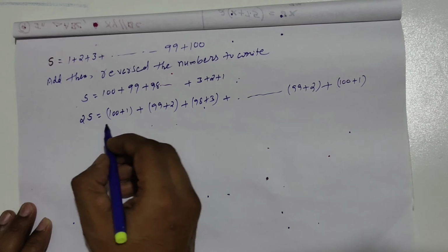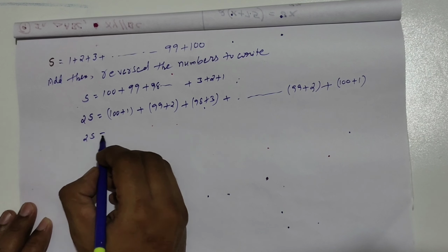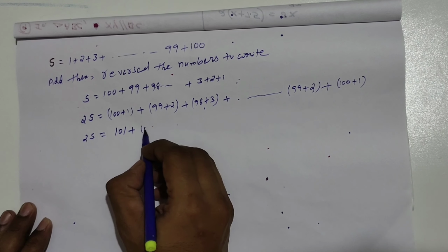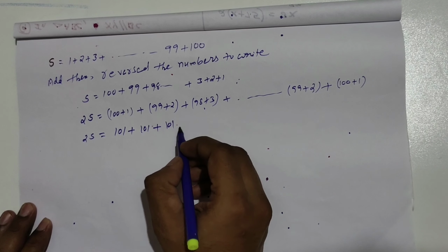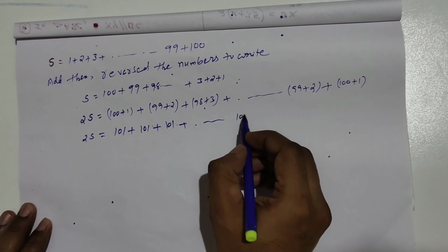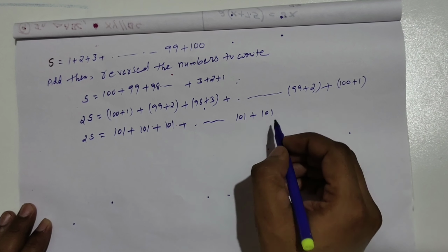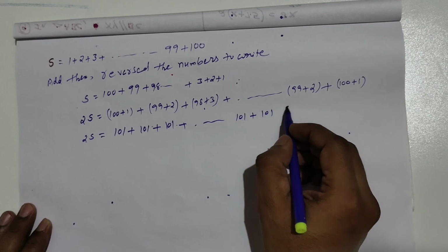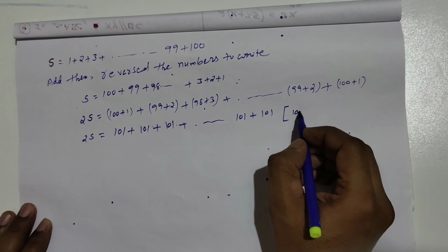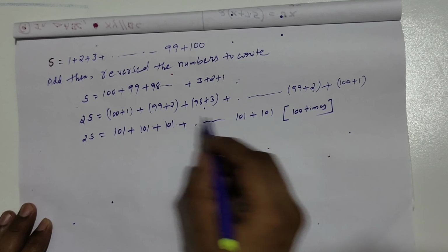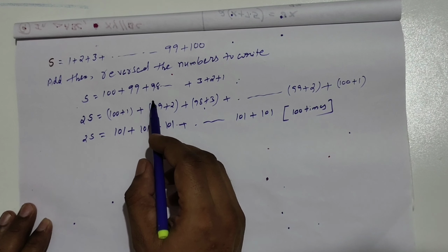Adding, we get 101, 101, and again 101, up to the last also 101. So how many times is 101 repeated? As you know, it is simply 100 times. Why? Because we are taking only 100 numbers.